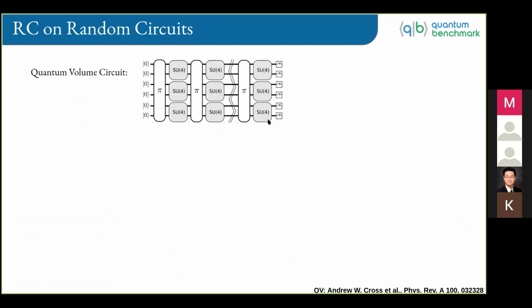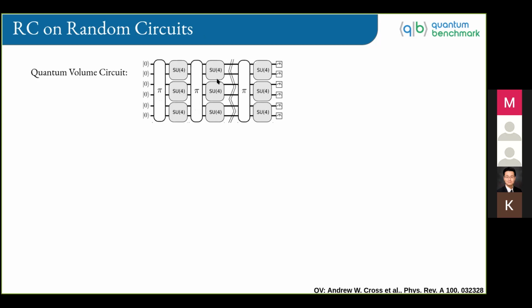So let's take a little look at how RC might look on some circuits. So here in this slide is simulation. So in this simulation, we're interested in quantum volume-like circuits. This is a type of circuit introduced by IBM. And what it is, so first you have rounds of arbitrary 2-qubit gates, which apply all throughout your device.